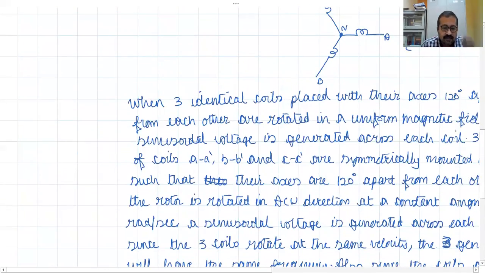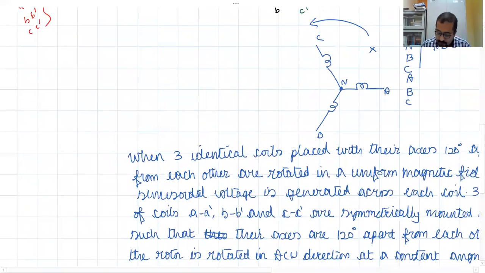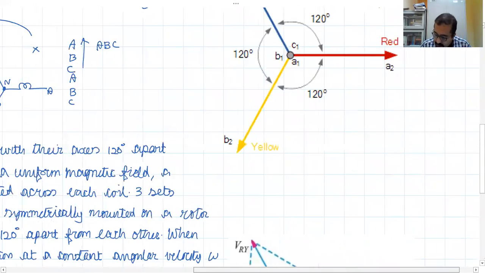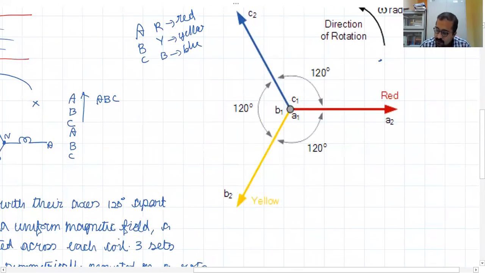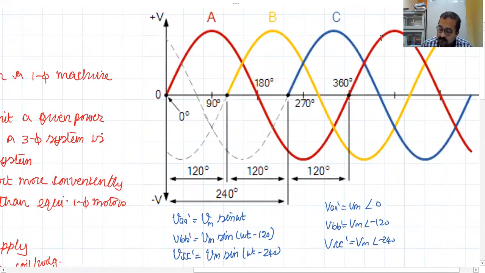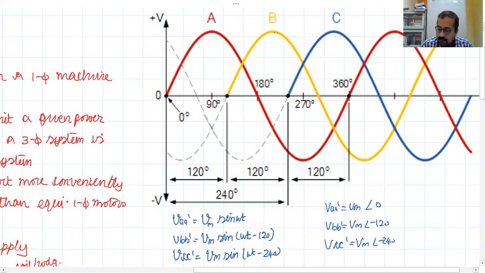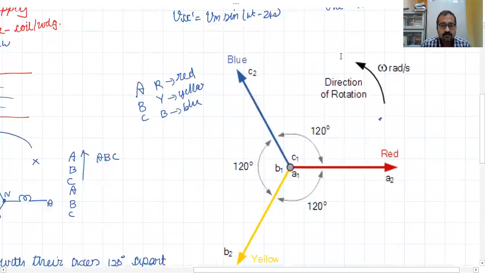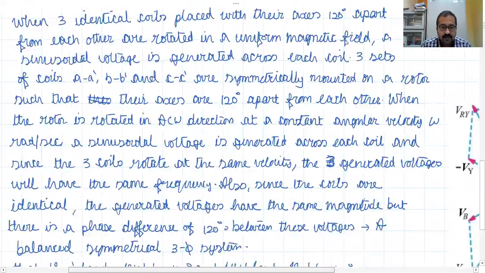If you consider this phasor, first the phase R or phase A will come. Then after 120 degrees phase B, the yellow phase, will come. Then after another 120 degrees phase C, the blue phase, will come. That will be the order in which they reach their maximum peak value, A, B, C and so on. That is what is called phase sequence.